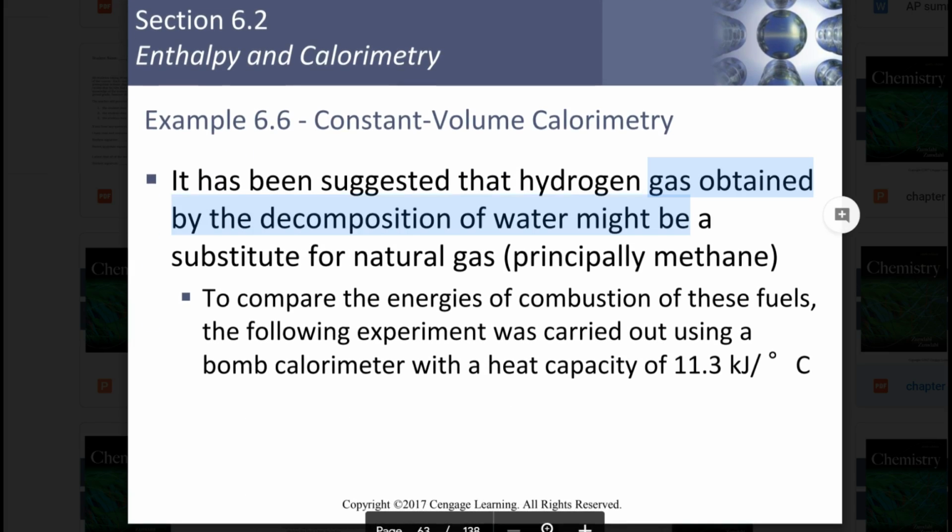Alright, so let's say hydrogen gas can be obtained by decomposition of water, and you can use hydrogen gas as a substitute for methane. To compare energy of combustion of the fuels, the following experiment was carried out using a bomb calorimeter with a heat capacity of 11.3 kilojoules per degree Celsius. So it's given to you. The heat capacity is given.